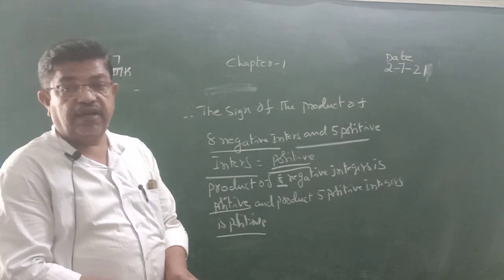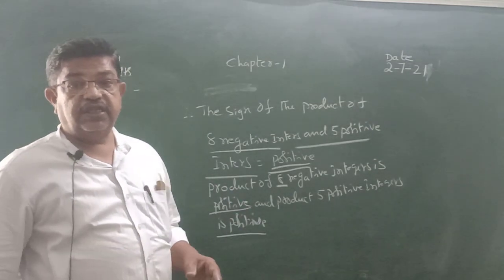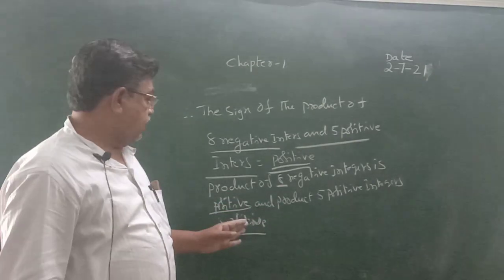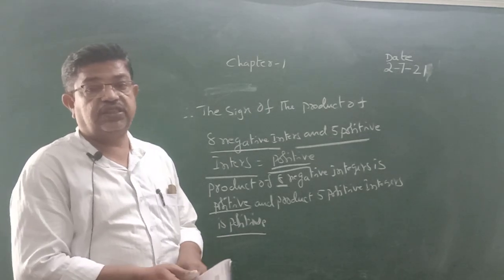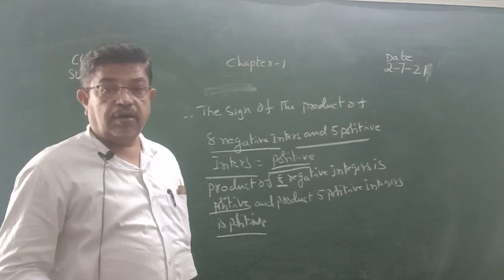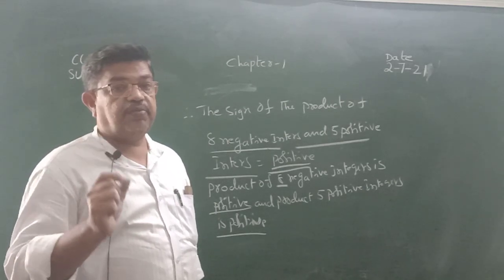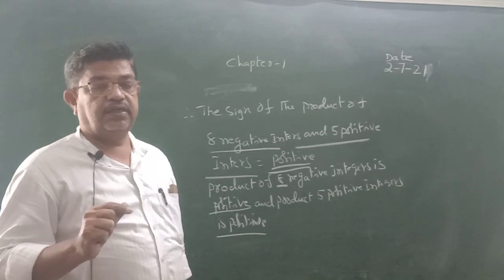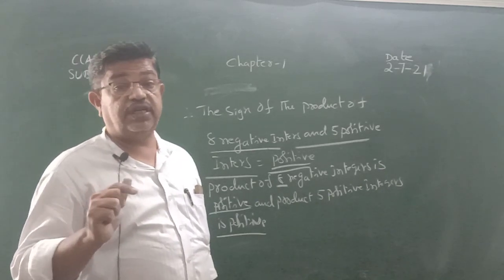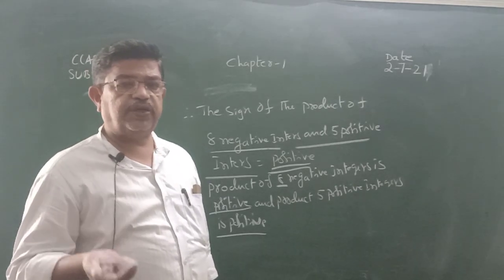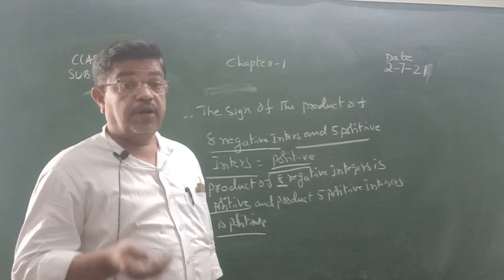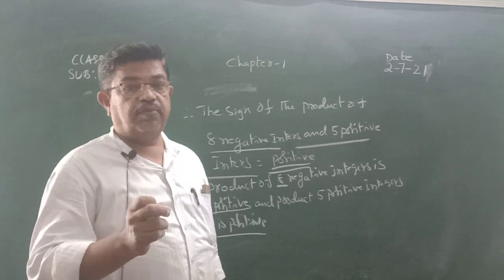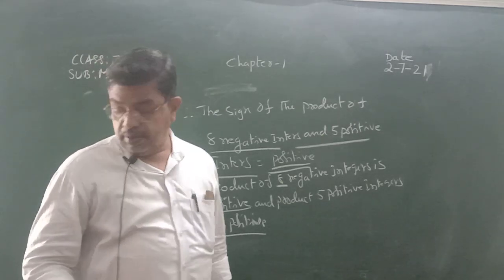You take any number of positive integers, the product is positive. But negative integers, if you take an even number, the product is positive, and if negative integers are odd in number, the product is negative. That you have to keep in mind.